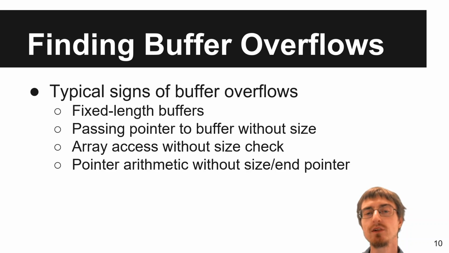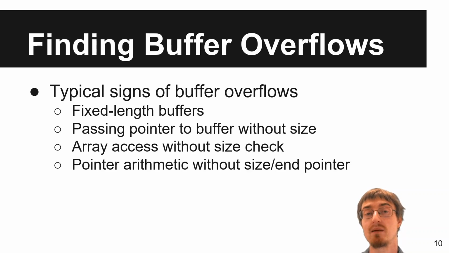If you do this, it means that the function you're calling cannot check whether it's going to read or write within the bounds of the buffer. Which also means that if you pass something without knowing how much it's going to write, then there could be a buffer overflow. So check function signatures to see whether there's a risk like this.